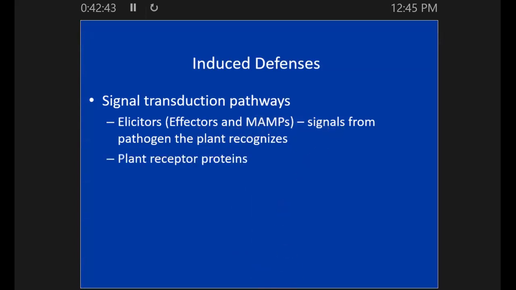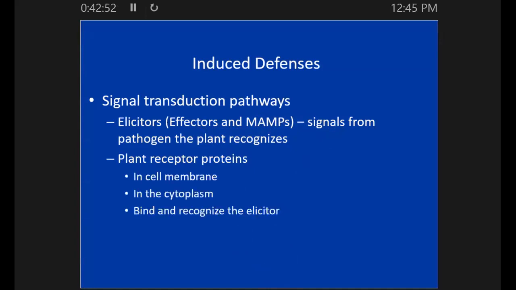And hopefully the plant is recognizing that, and they're doing that by those plant receptor proteins. They use those to recognize. And then once the elicitor gets docked into those receptor proteins, that's going to be the signal to the plant: okay, we've got to get our gene expression patterns up and running to defend ourselves.